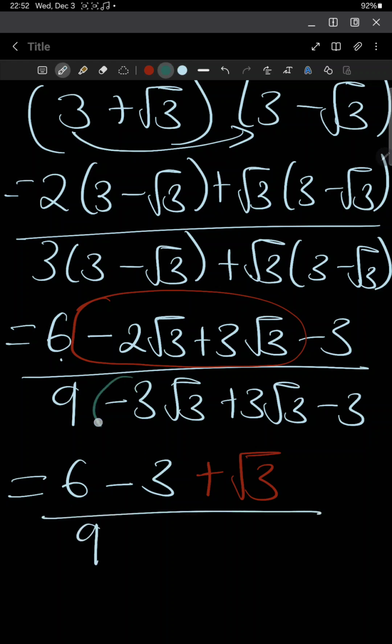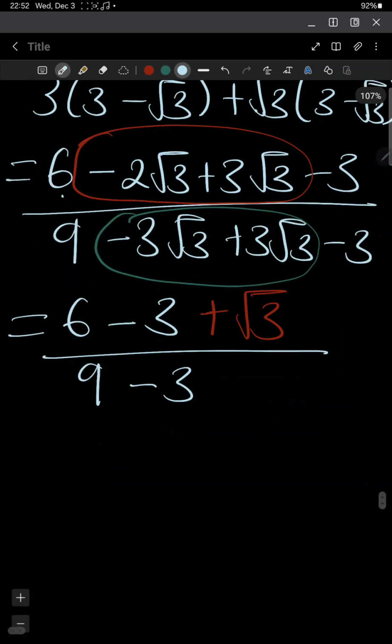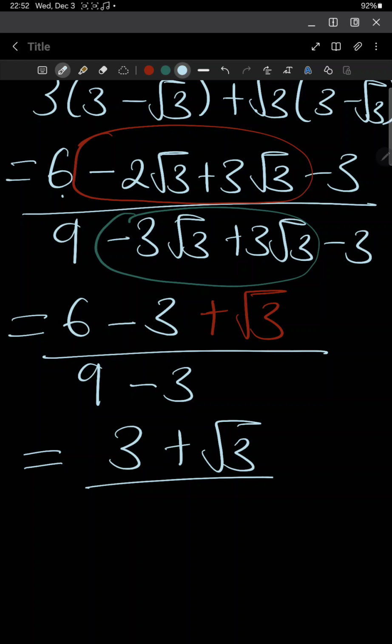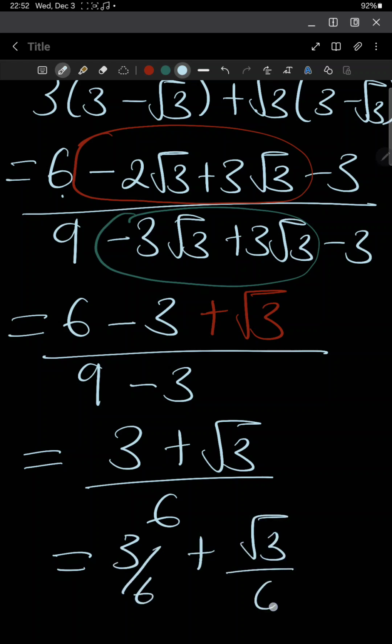Also, if you observe this is our 0, so it will be minus 3. So after doing that, it will be 6 minus 3, it is 3 plus square root of 3 divided by that minus that, it is 6. If you simplify it, to be 3 over 6 plus square root of 3 over 6.